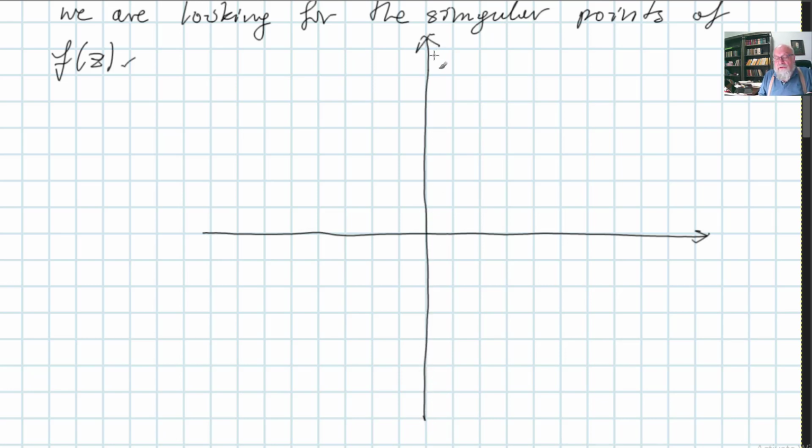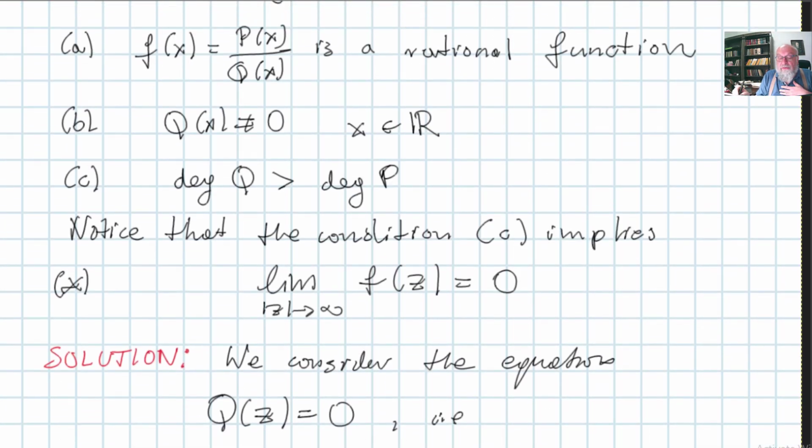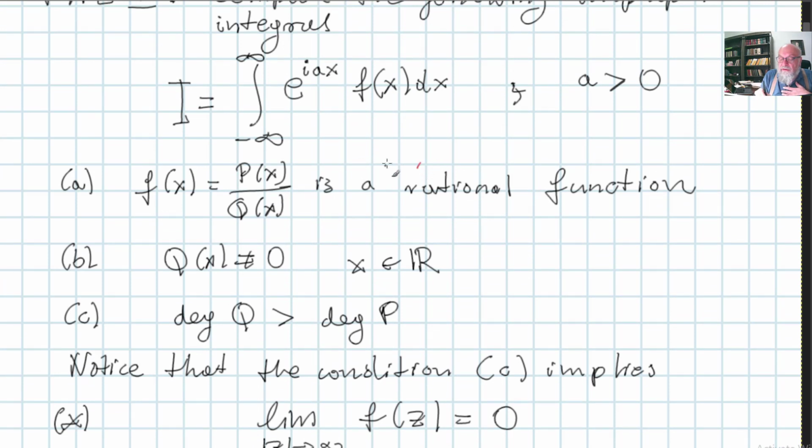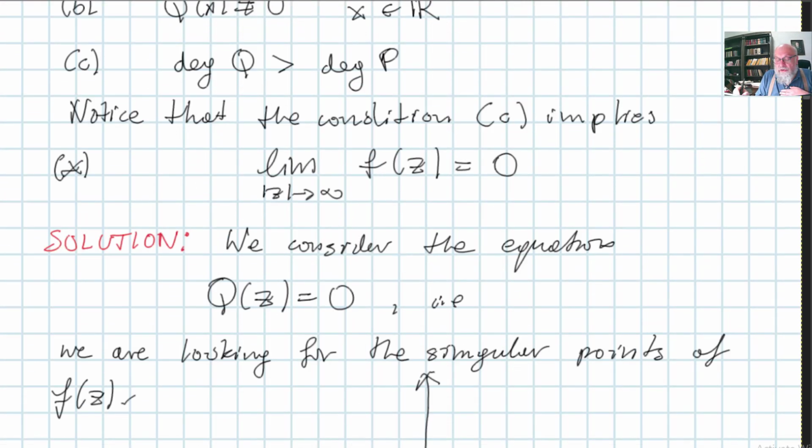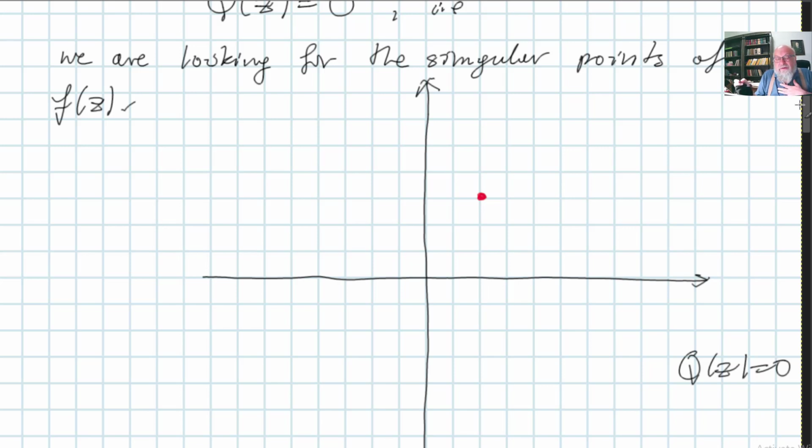There are no singularities on the real line. The equation q of z is equal to 0 possibly gives several solutions. Since q is a real polynomial, a real rational function, every root of q that is non-real appears together with its conjugate. So suppose I have one root here, another one is its conjugate, and the other one is here.